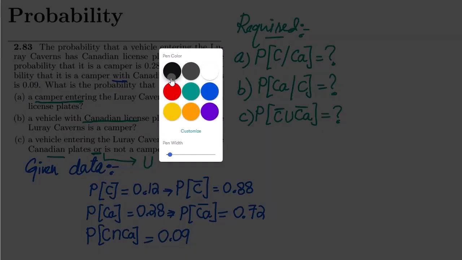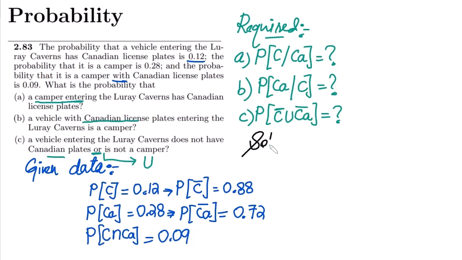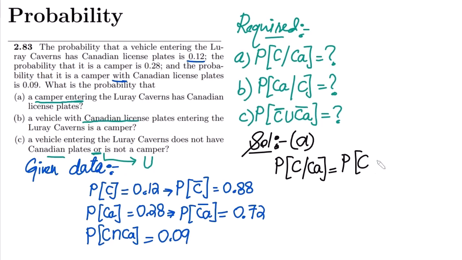Now we have to solve it. So this would be the solution of part A. We have to find the probability that the vehicle has a Canadian license plate, given that it is a camper. According to conditional probability, it would be the probability that it is Canadian and a camper, divided by the probability that it's a camper.